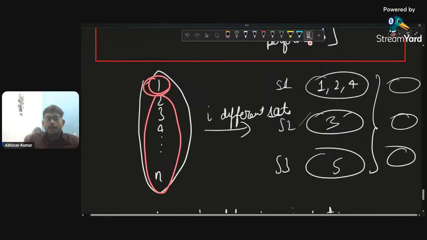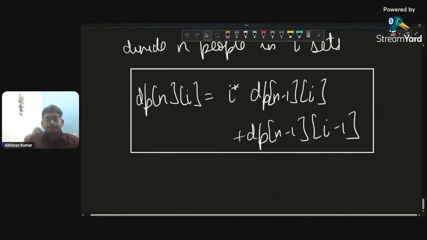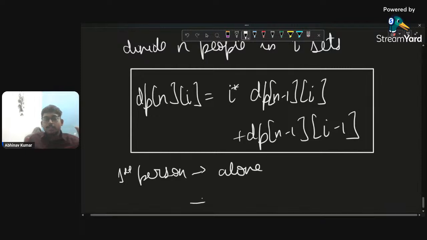I have to assign this first person into one of the sets. There can be two cases: either this first person is alone in one of the sets, or he is not alone. Whichever set that first person belongs to, either he would be alone in that set or he would not be alone in that set. Only two cases can happen.